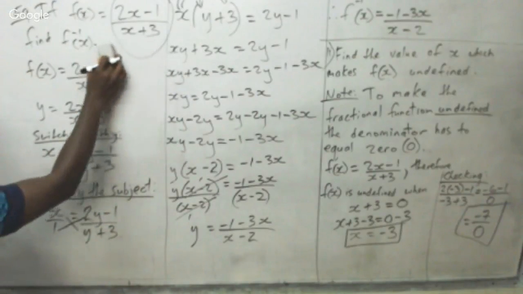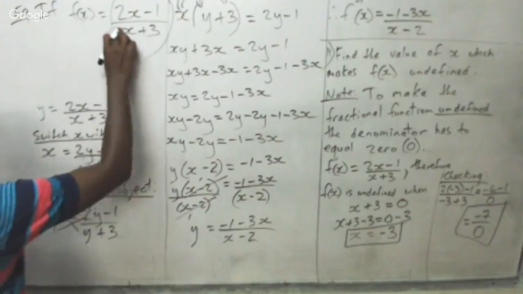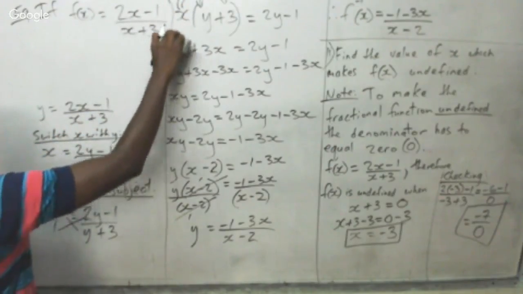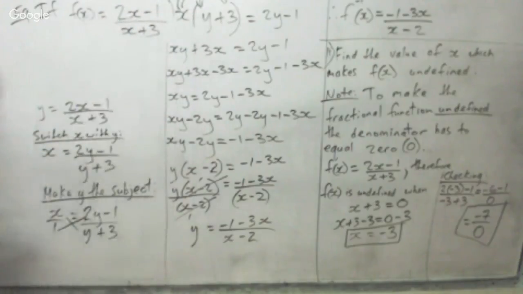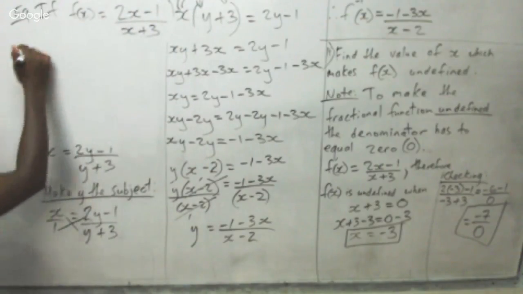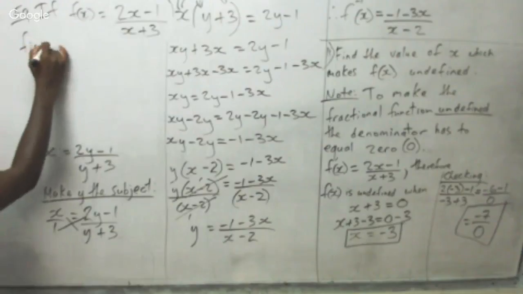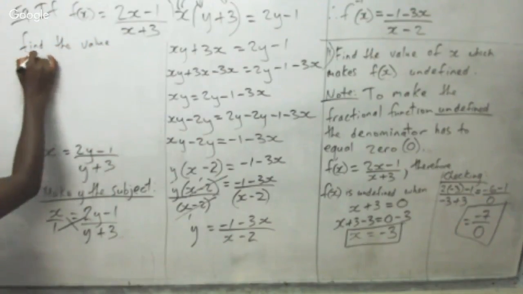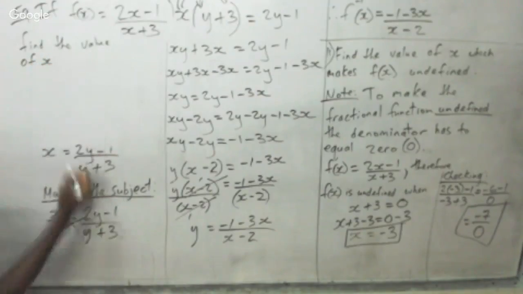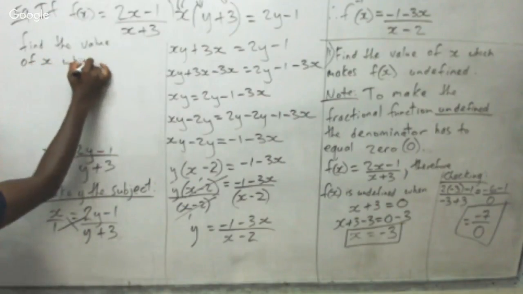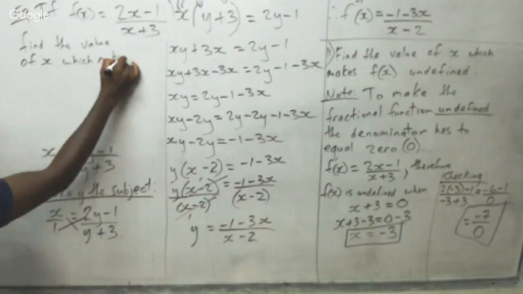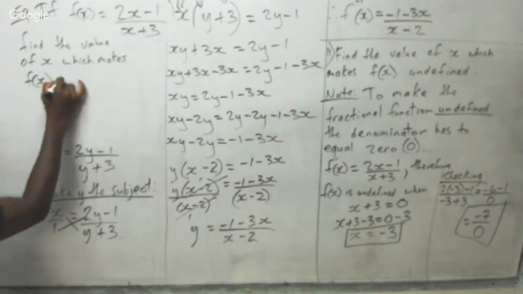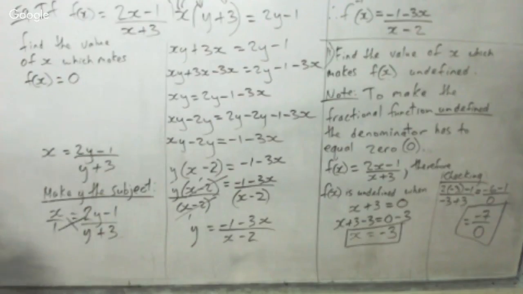I'm using the same function. If f of x is equal to that, find the value of x which makes f of x equal 0.